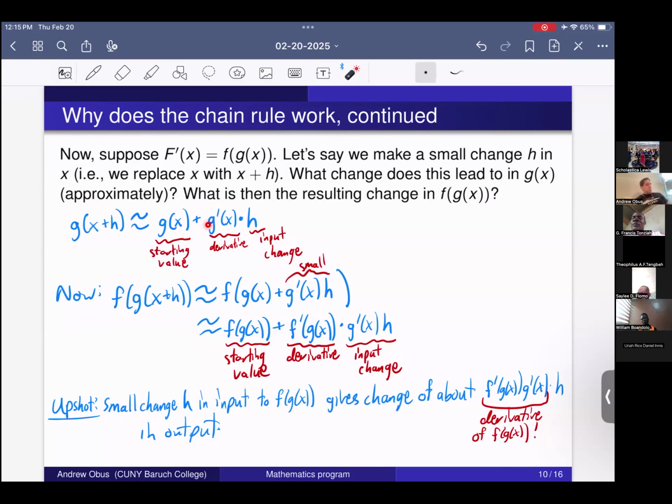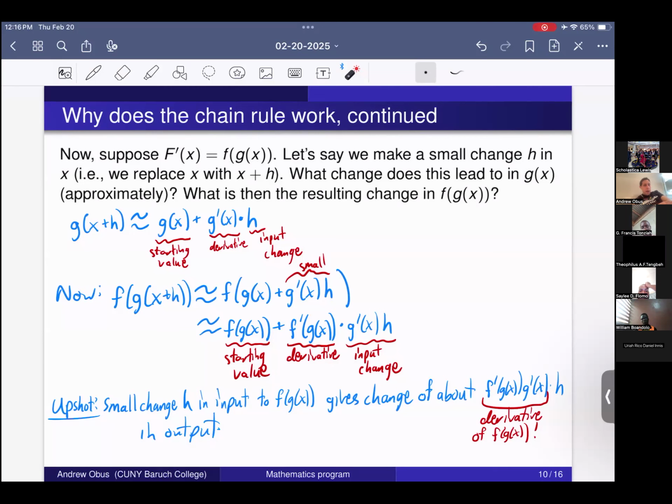The first factor is g prime of x, and the second factor is f prime of g of x. You put those two factors together, you get the entire magnifying factor of change. And that's really what a derivative is. It's a factor that magnifies the change in the input to give you the change in the output. Okay, that's what a slope or a derivative is.